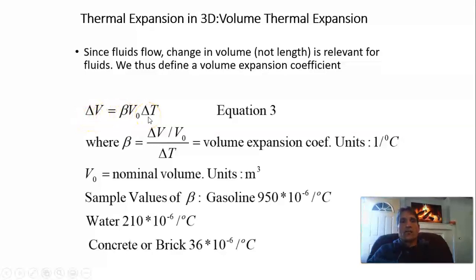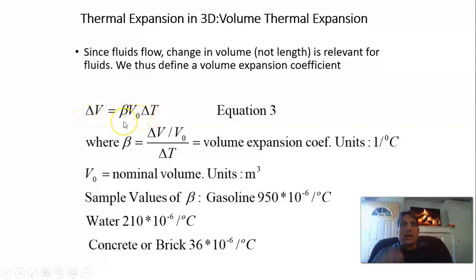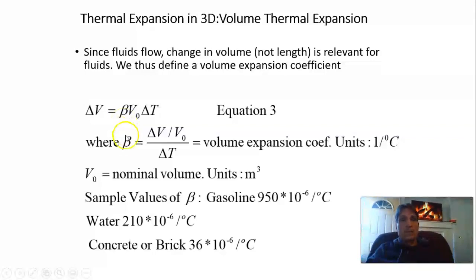For a given change in temperature, delta T, the change in the volume is related to the change in the temperature, the initial volume, and this similar constant, beta, which is the volume expansion coefficient. Instead of the fractional change in length, it's the fractional change in volume for every 1 degree Celsius change in temperature. With liquids and with gases, we typically deal with this beta because they expand in all three dimensions. And it works for solids too.